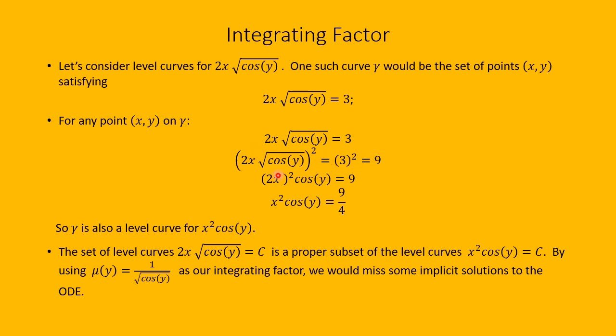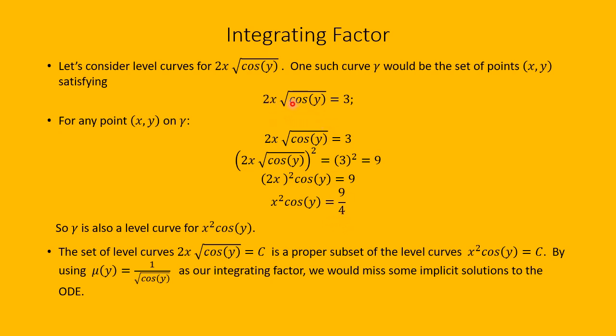If we square this stuff, we're going to get 2x quantity squared, which is 4x squared. And when we square this factor up here, squaring the square root, we just get cosine of y, and so that equals 9. Dividing both sides by 4 gives us x squared cosine y equals 9/4.